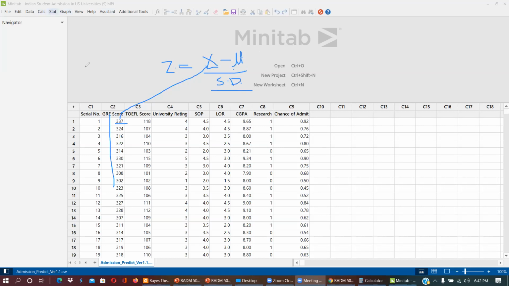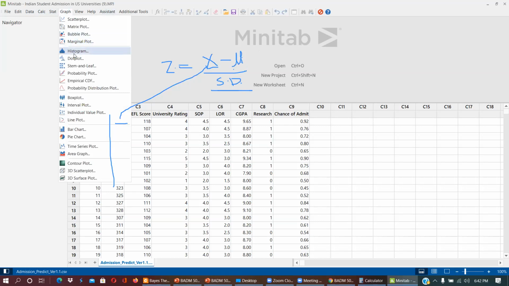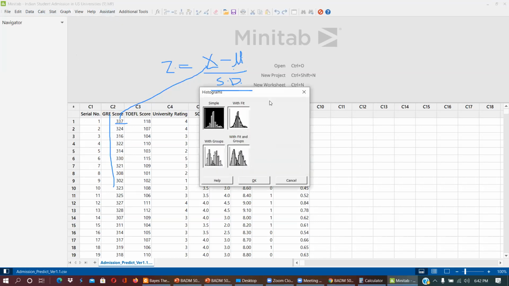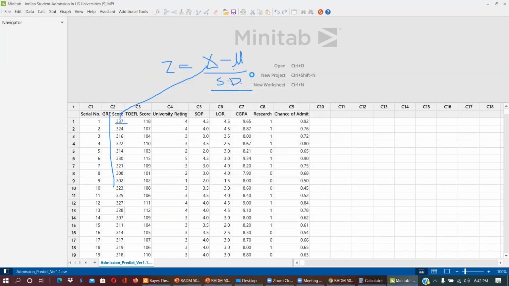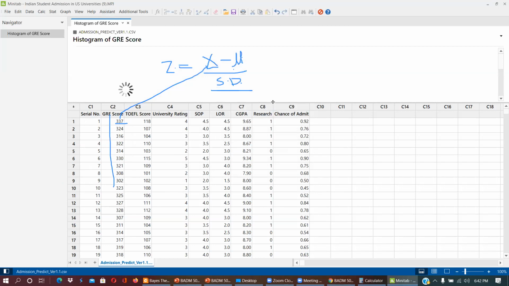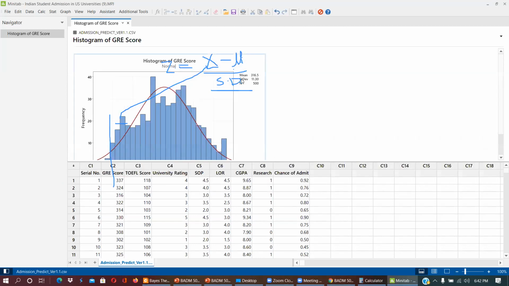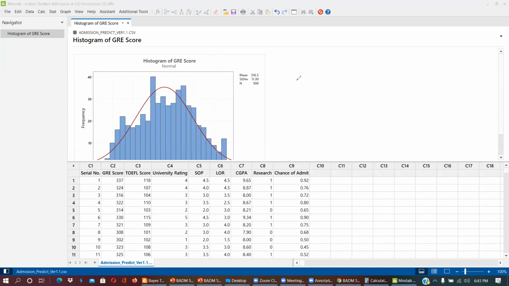I'm going to do a graph, a histogram, for GRE. So you can see the mean is 316.5 and the standard deviation is 11.30.